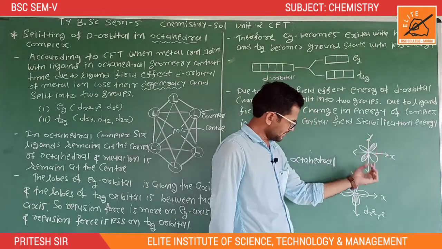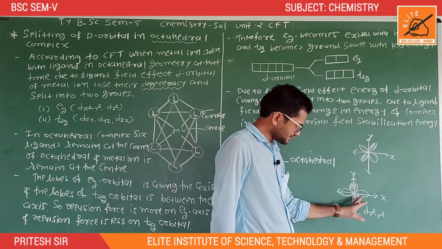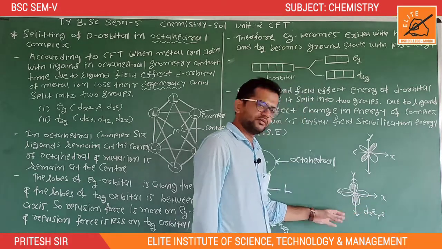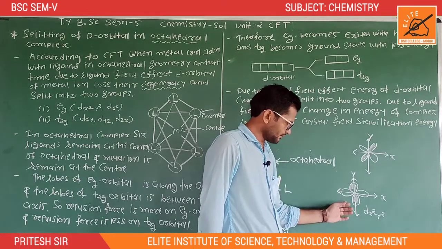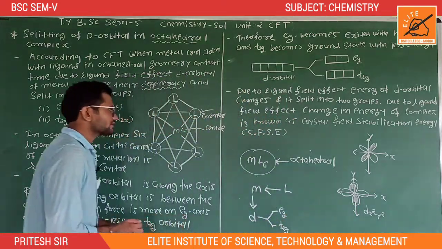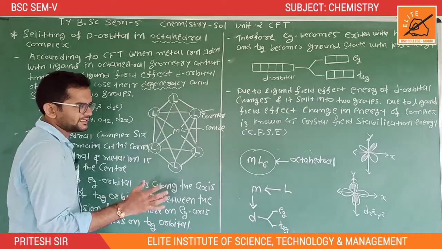Due to the lobes lying on the axis, the repulsion force is more. It means the repulsion between the ligands and the Eg orbitals is more.